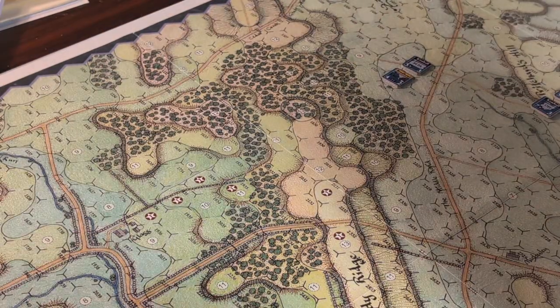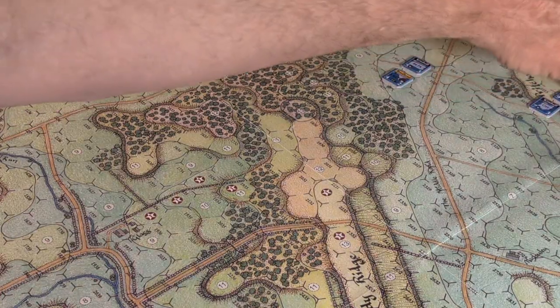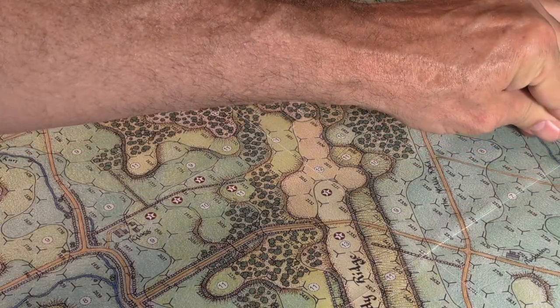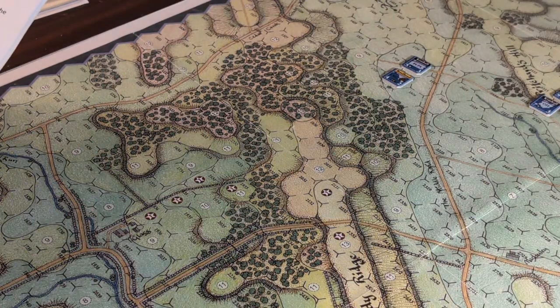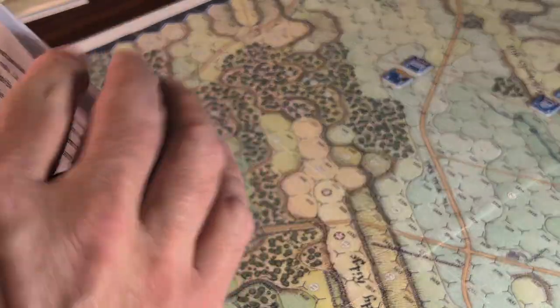So that's important for the Confederate player, if they don't go for Pritchard's Hill. If the Confederate player holds Pritchard's Hill, these locations are worth no victory points.